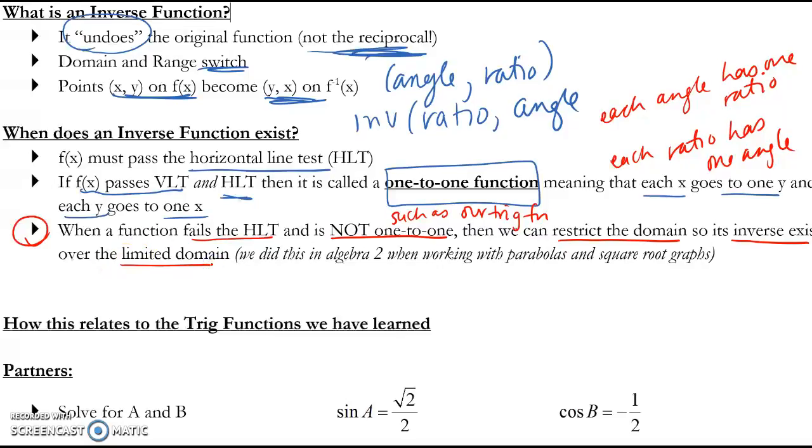You might recall we did this back in Algebra 2 when we were working with parabolas and square root graphs. We would say, for example, I have only half of a parabola, so that then I could go ahead and find its inverse.